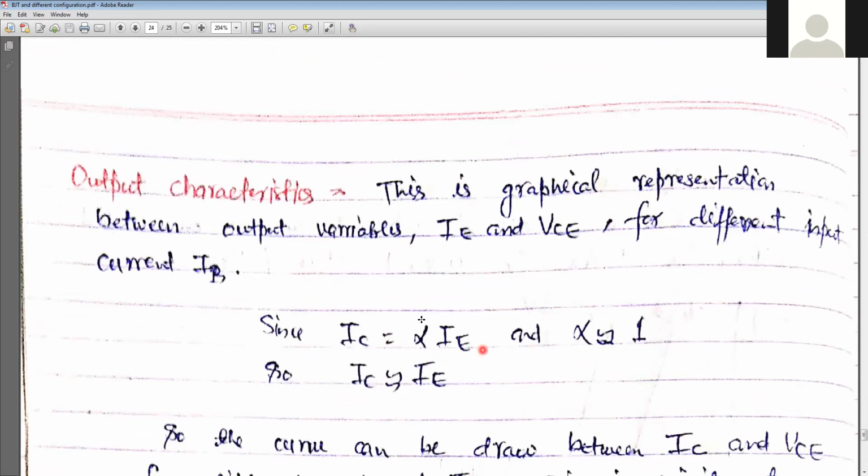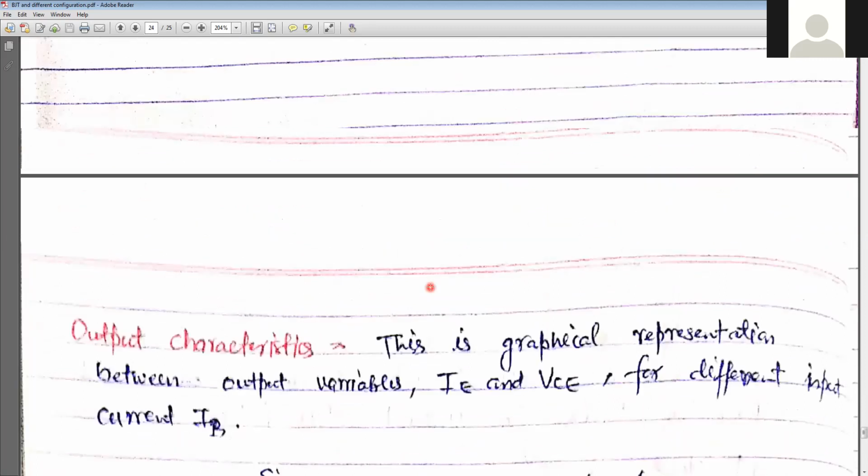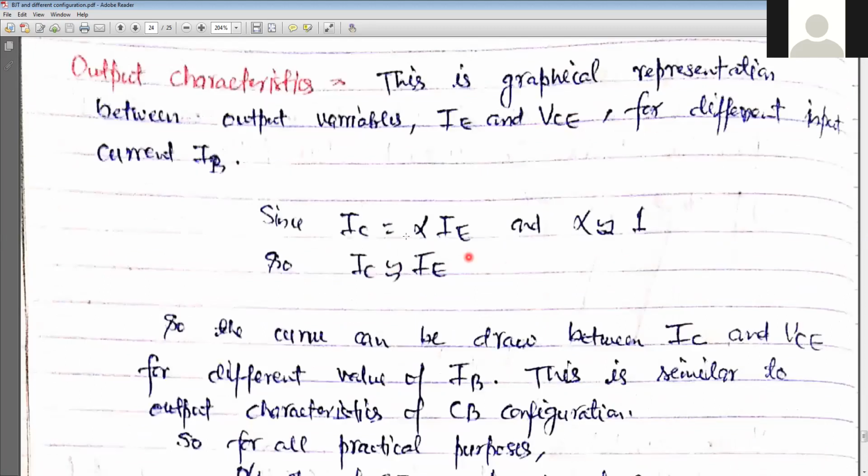And we know this. We have studied in the first part, in the common base, that IC is equal to alpha IE, plus something, the reverse saturation current, but that's very less. That is in microamps, so we neglect that amount.